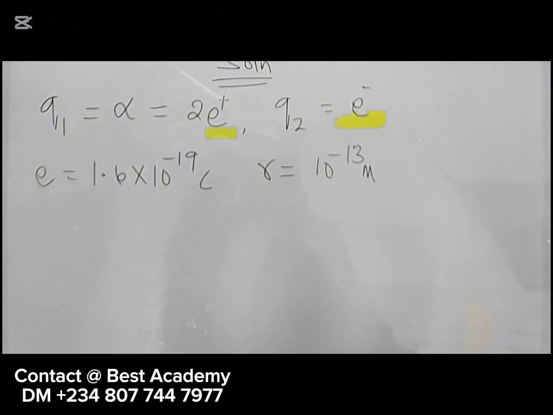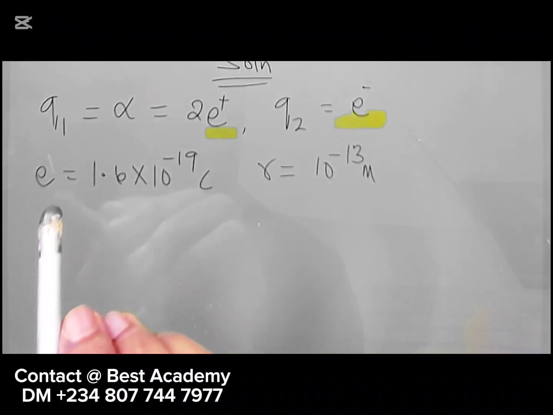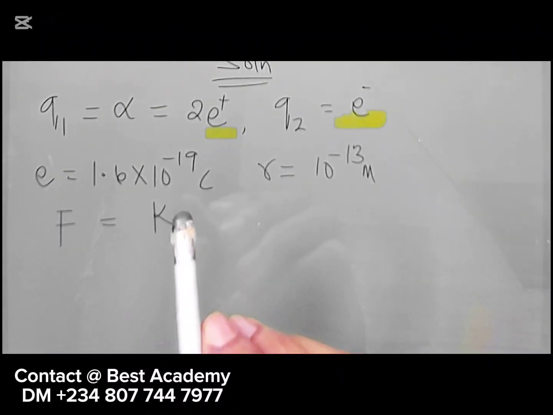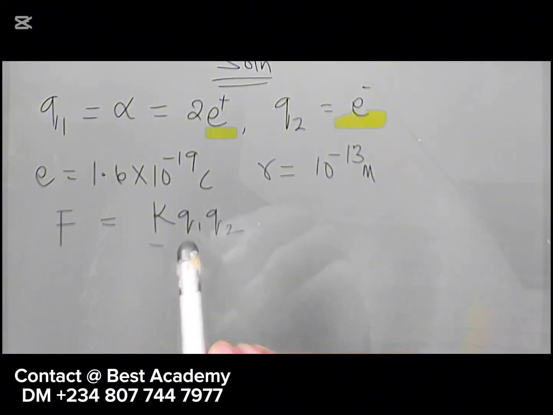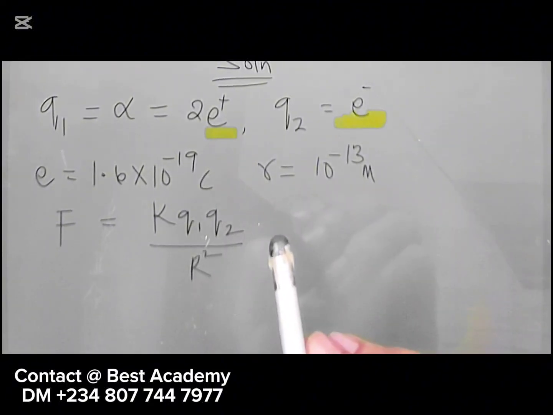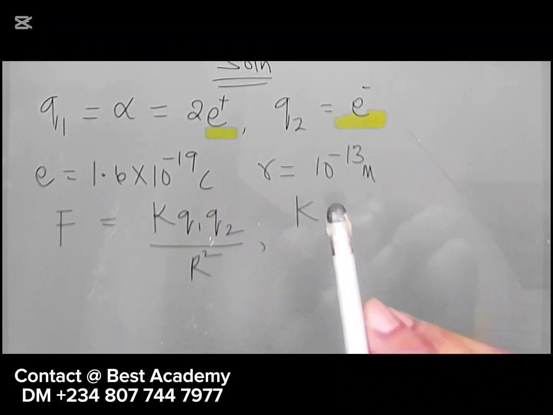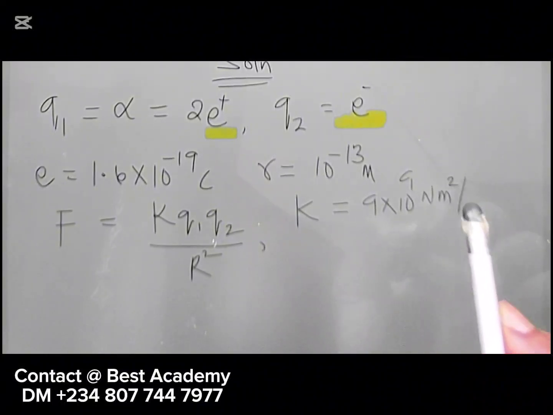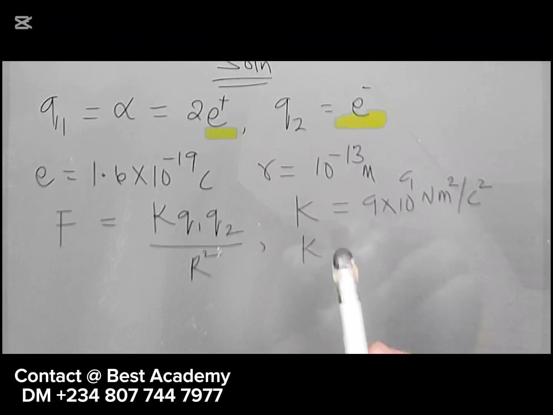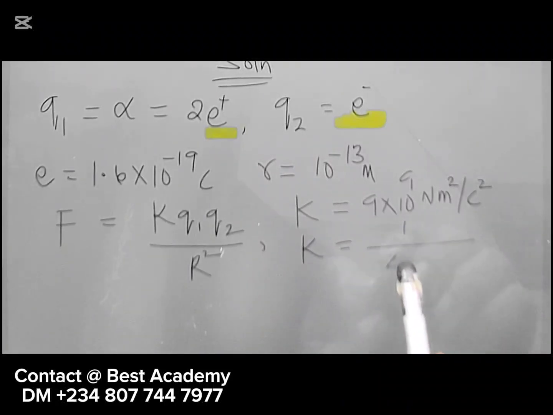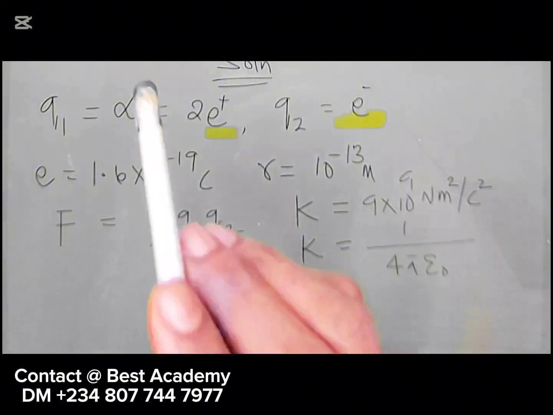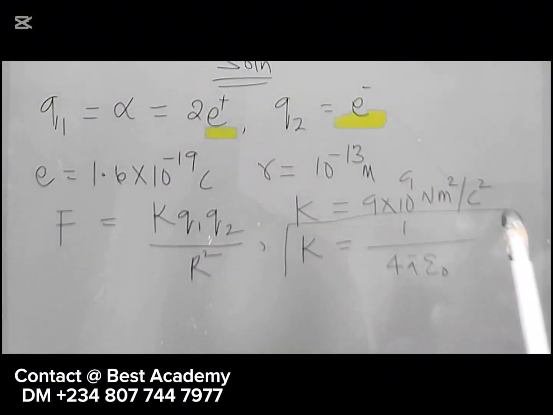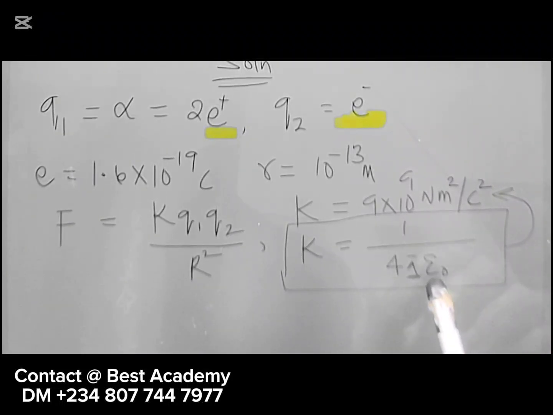So F is equal to K Q1 Q2 over r squared, where K has a numerical value of 9 times 10 to the power of 9 newton meter squared per coulomb squared, while the expression for K is 1 over 4 pi epsilon naught. Replacing pi and epsilon naught gives this same value.